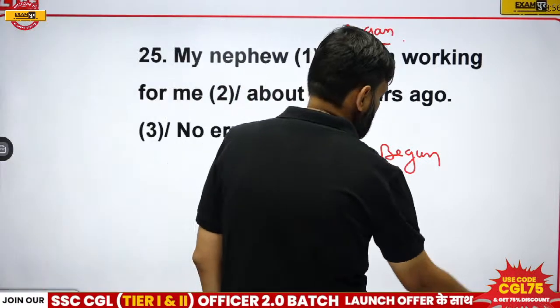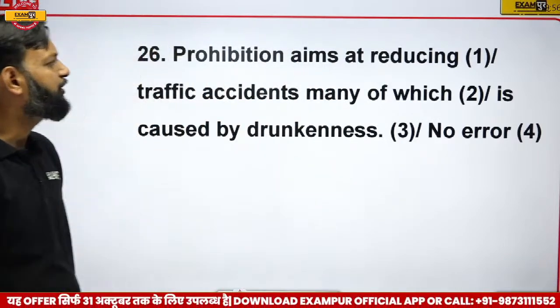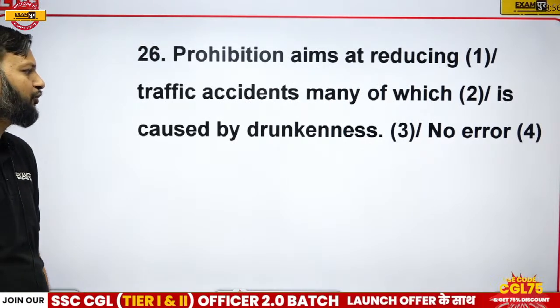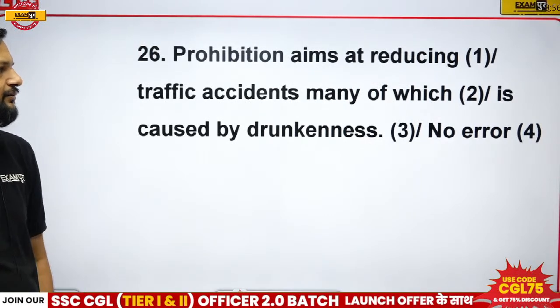Question number 26. Prohibition aims at reducing traffic accidents, many of which is caused by drunkenness.